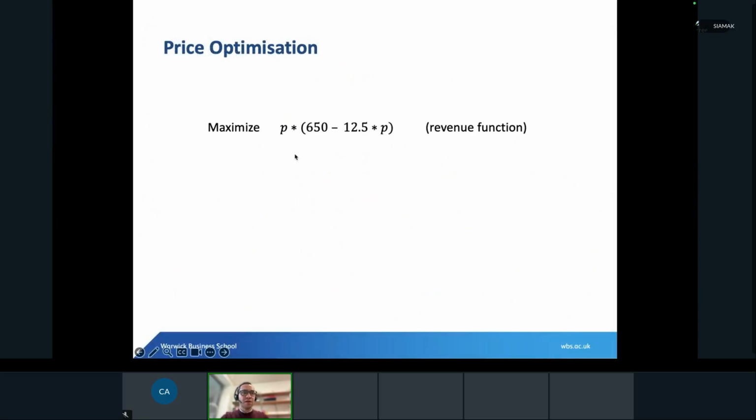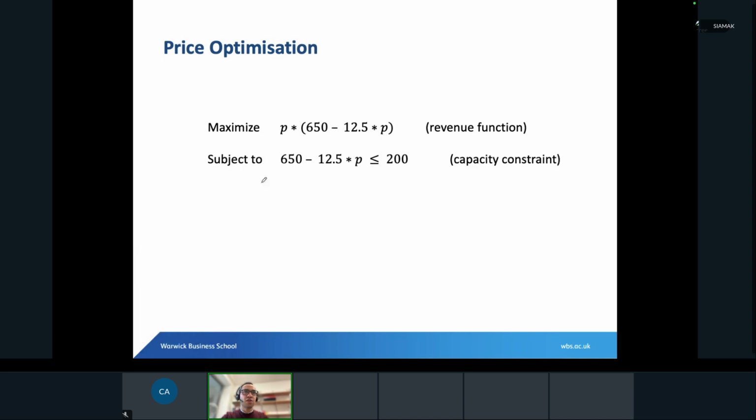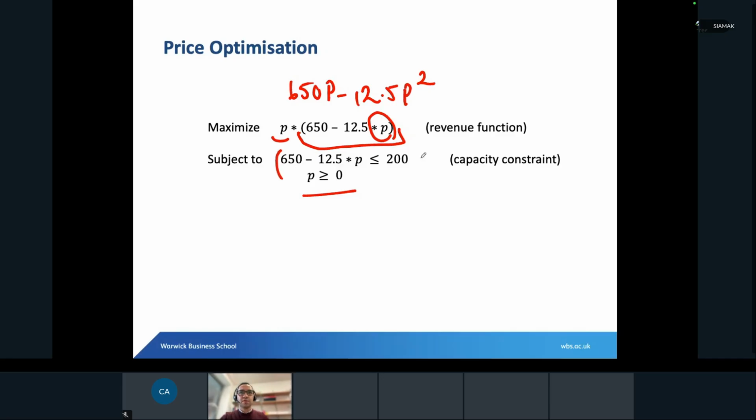So if you look at this one, what we have here is the multiplication of the price with the demand function. Demand function is a function of the price. So if you just open it up, 650p minus 12.5p squared. And essentially what we have here is the capacity constraint.